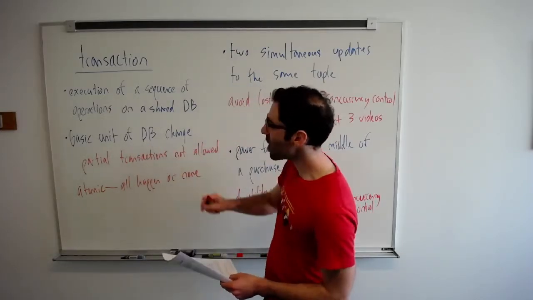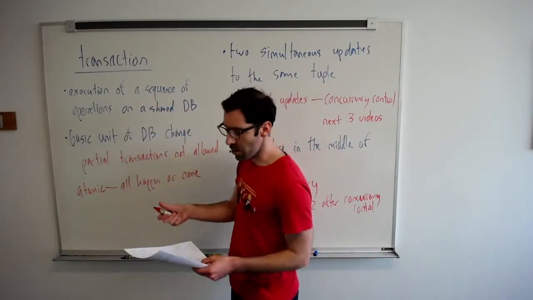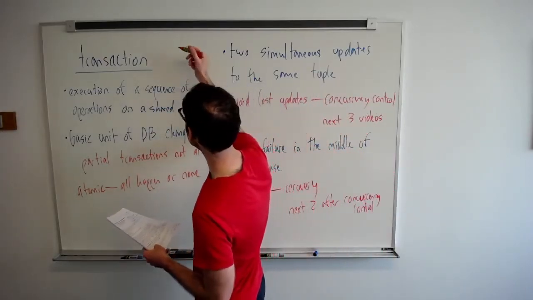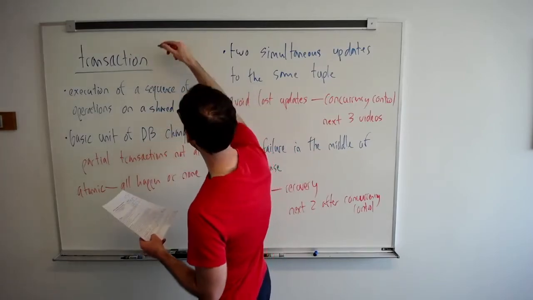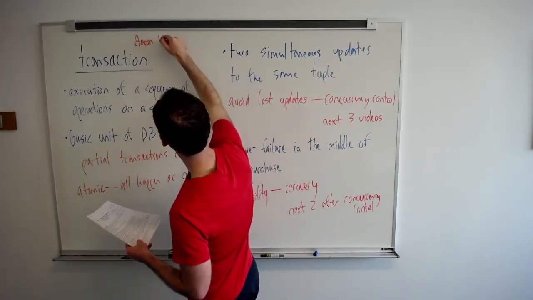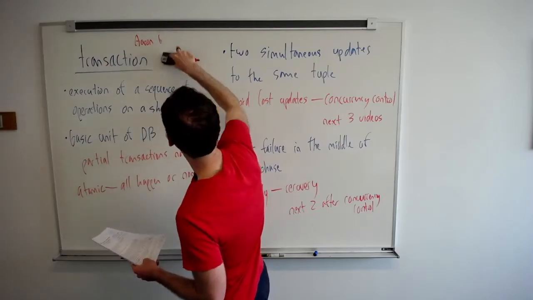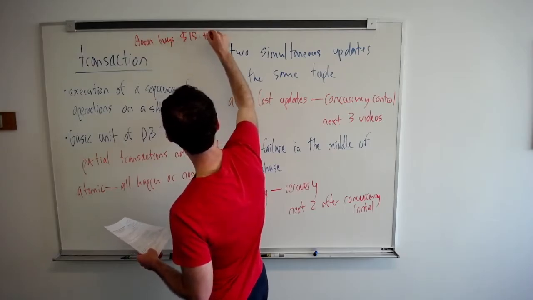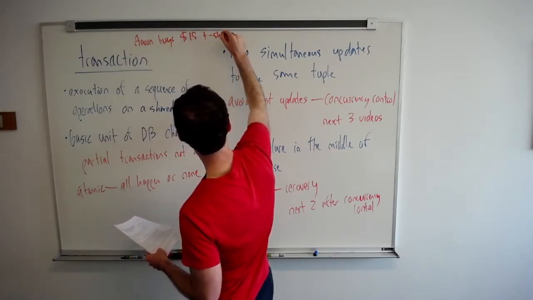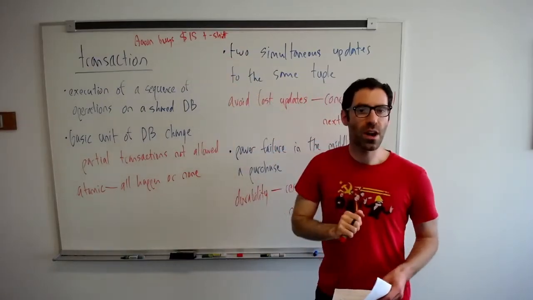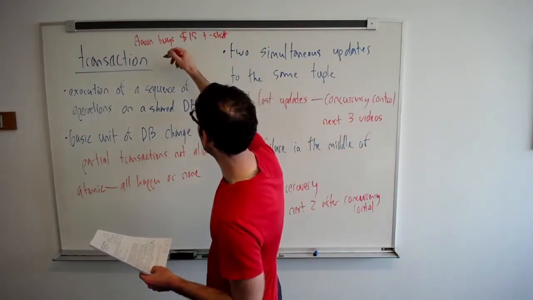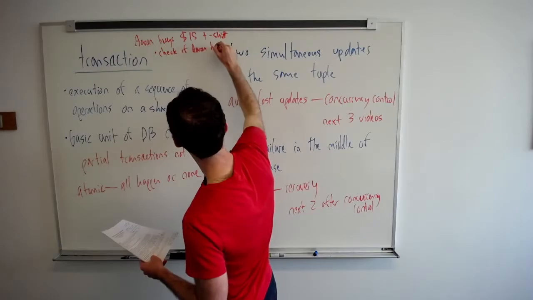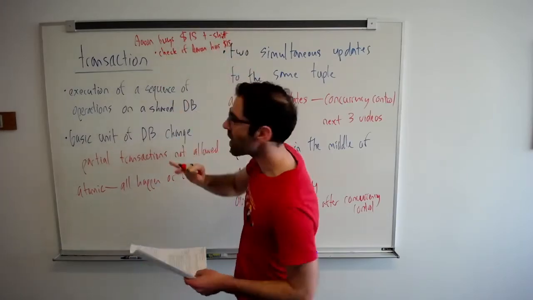So an example of this sort of sequence of operations, again, I want to buy a T-shirt, let's say a $15 T-shirt, and so we might need to first check if I have $15.